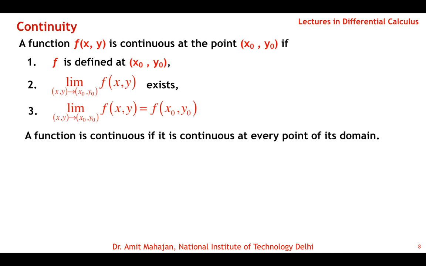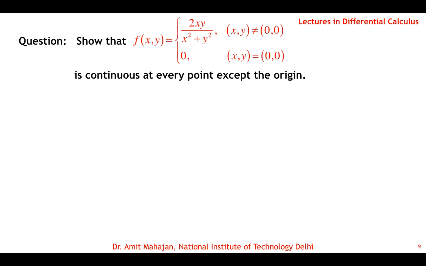Say, for example, show that this function is continuous at every point except at the origin. For points other than the origin, it is simple: whenever (x,y) is not equal to the origin, the function value is 2xy over x squared plus y squared. So it is a polynomial over a polynomial.